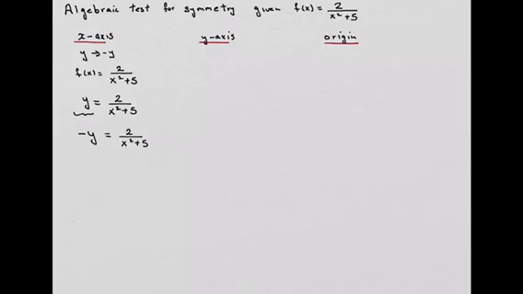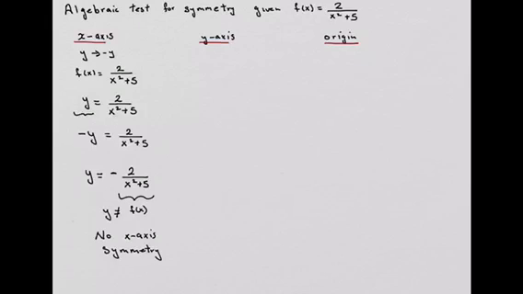And what we try to do now is isolate the y so we can have it in the original form. So y is equal to minus 2 over x squared plus 5. And notice that this portion here is not the same as f of x. It is not. So y does not equal f of x. So we have no x-axis symmetry.